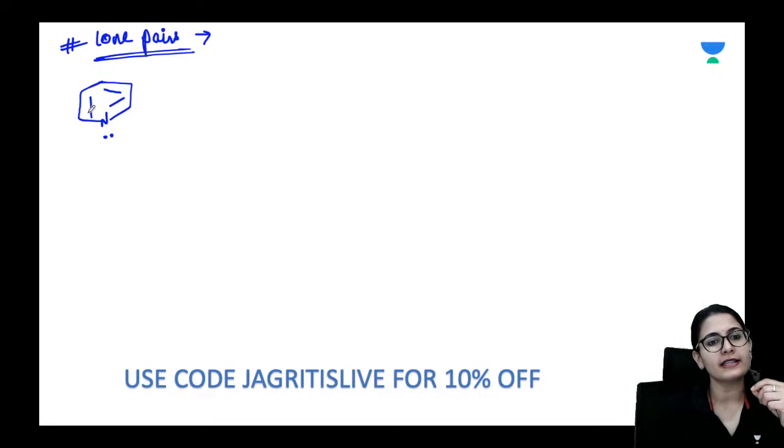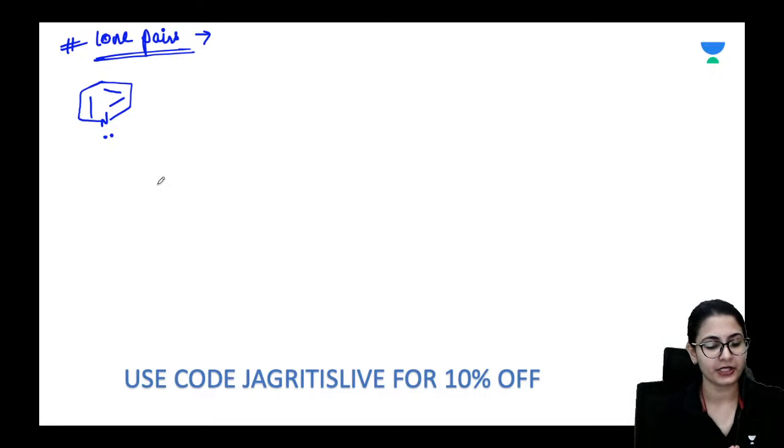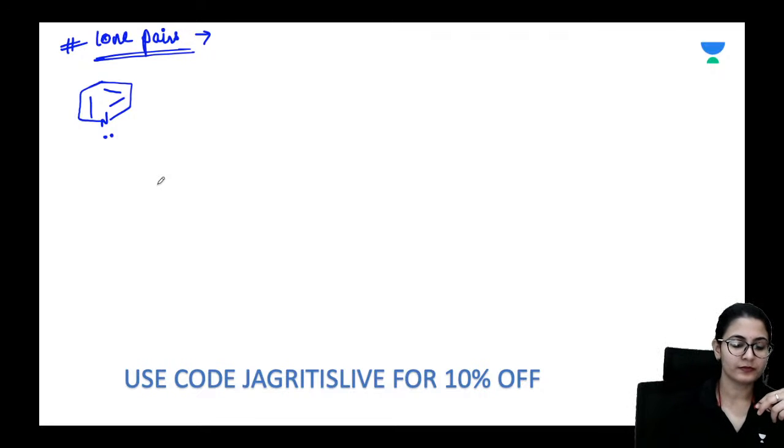Okay, so guys, tell me, pyridine molecule के लिए, are you going to include the lone pair in the calculation of pi electron density? Yes or no? For the pyridine molecule, are you going to say that 4n plus 2 pi electron system में lone pair use हो रहा है? No. You will only calculate the pi bonds. Why?